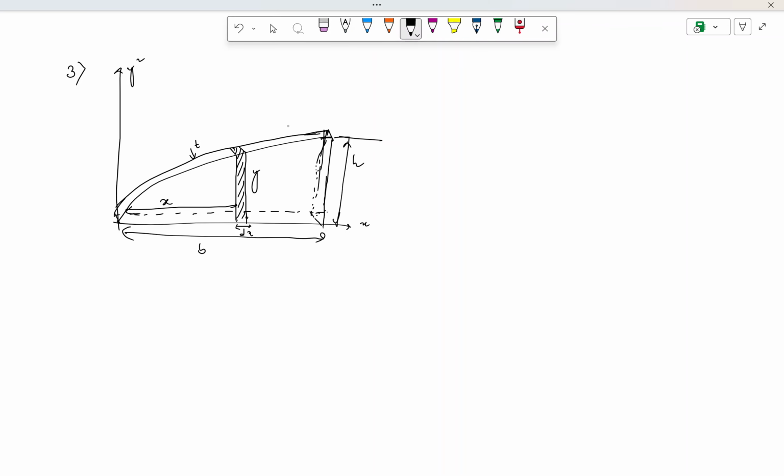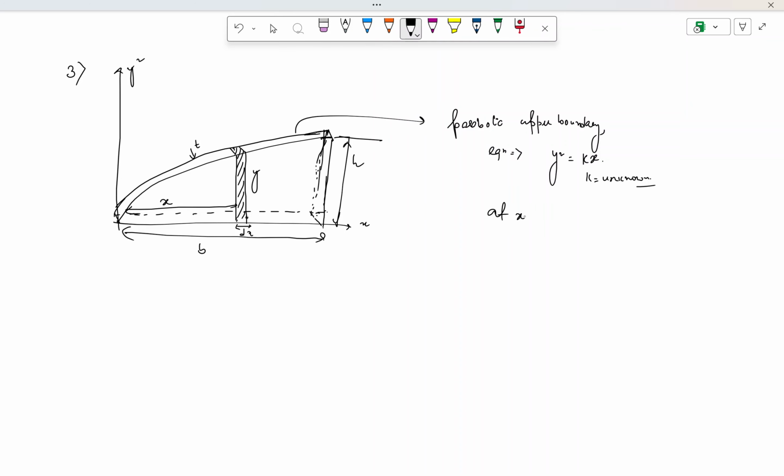Now, because this upper boundary is parabolic, the equation will be the equation of a parabola, where we take y squared equal to kx, where k is an unknown constant. And for knowing that, we will apply the boundary condition that at x equal to b, y value is known as h.